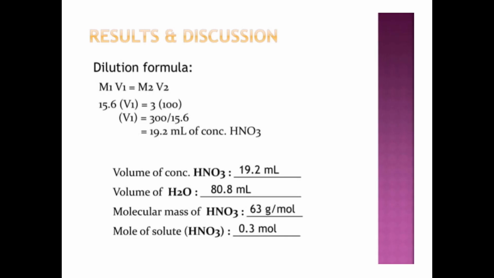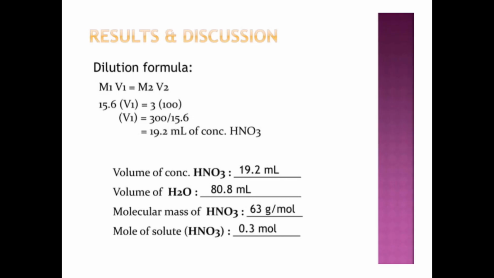Now, for you to be able to prepare this very well, you need to know how to use the dilution formula. The dilution formula is a mathematical approach to help us know what amount of water is needed to be added to dilute a particular concentrated solution.